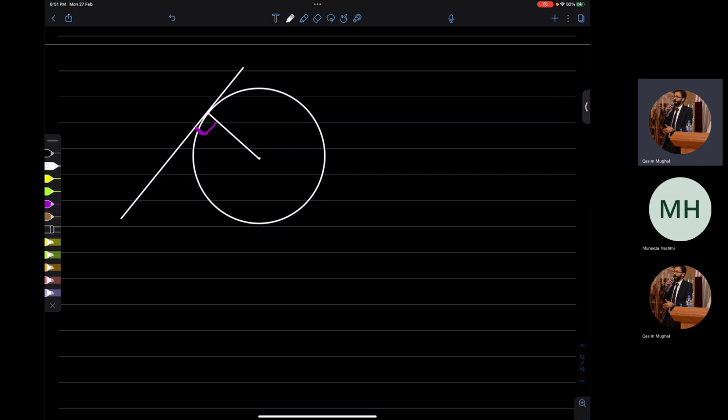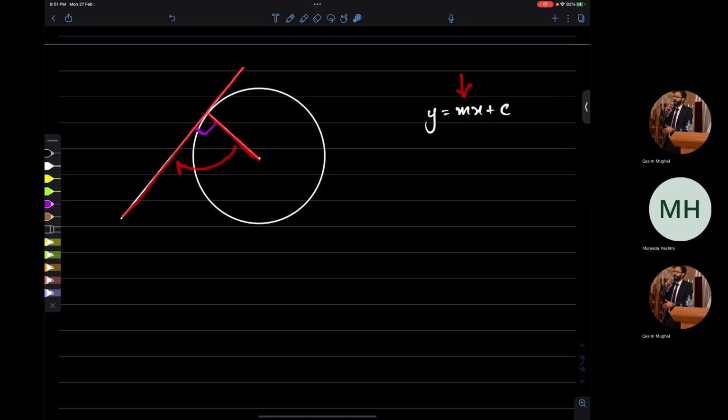Now we can use this fact to find the equation of a tangent to a circle at a given point. How would we find the equation of the tangent? For any equation of a straight line, what do we need? We need the gradient. If I know the gradient of the radius, from these two coordinates, then the negative reciprocal of this is going to give me the gradient of the tangent line.